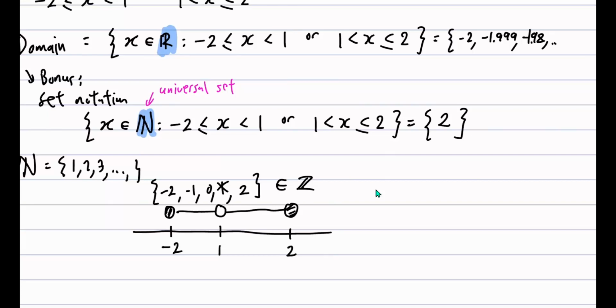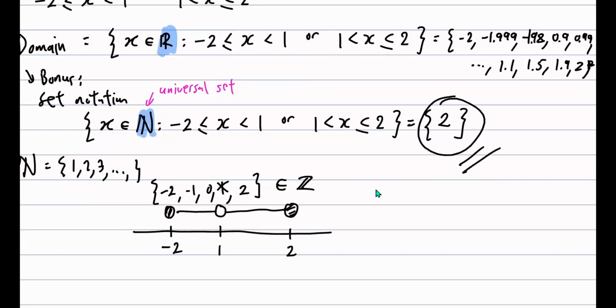It could be less than 1, so I don't know, 0.9, 0.99, but never equal to 1. And you skip many values, and then you go 1.1, 1.5, 1.9, and it can be 2. Everything in between can be a lot of values. But here, it's only a single number, 2. Do you see the difference?